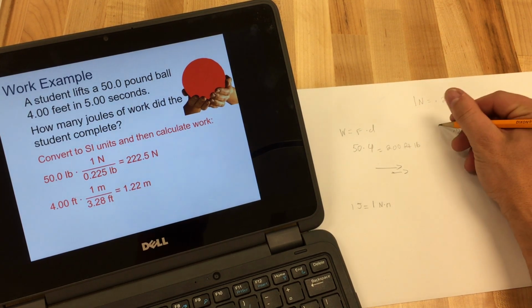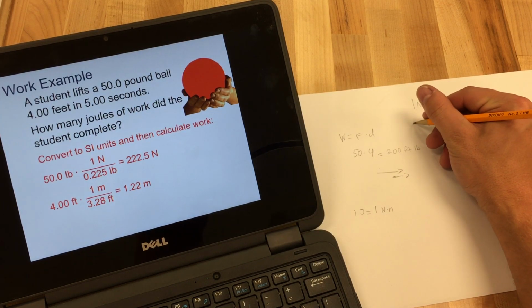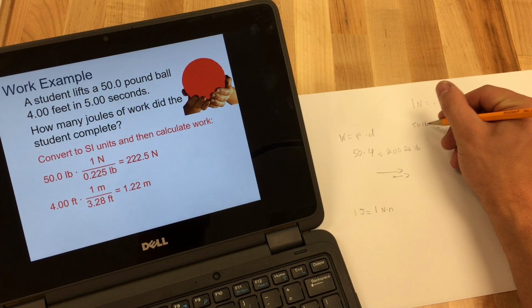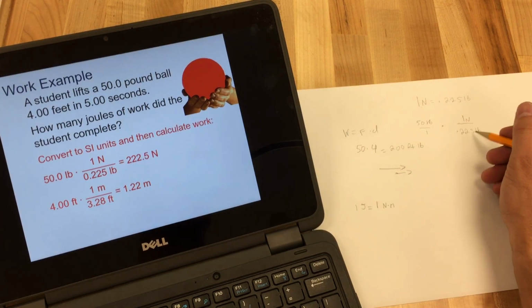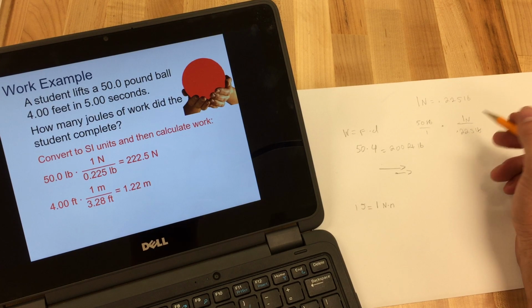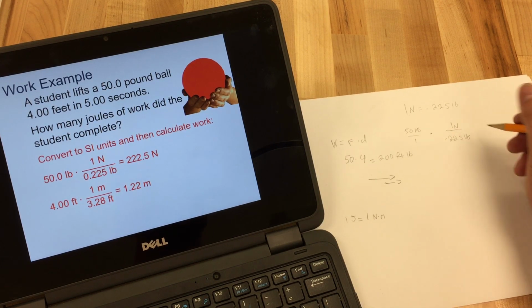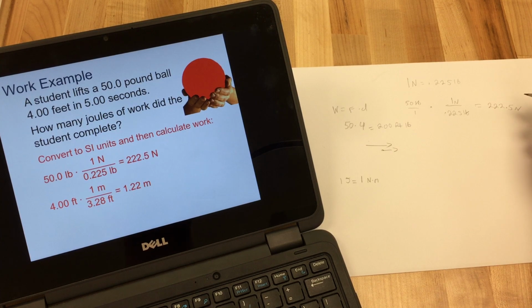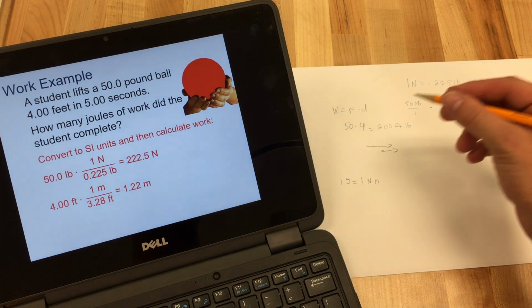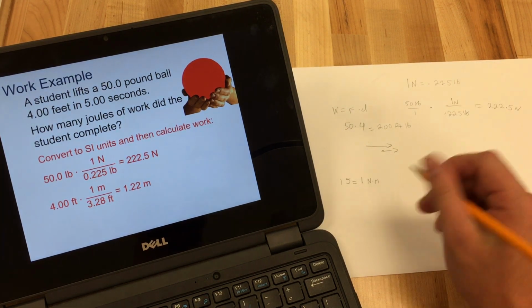So we multiply 50 pounds over 1. Okay, your pounds cancel out. And you get 50 times 1 over 0.225, and that gives you 222.5 newtons.